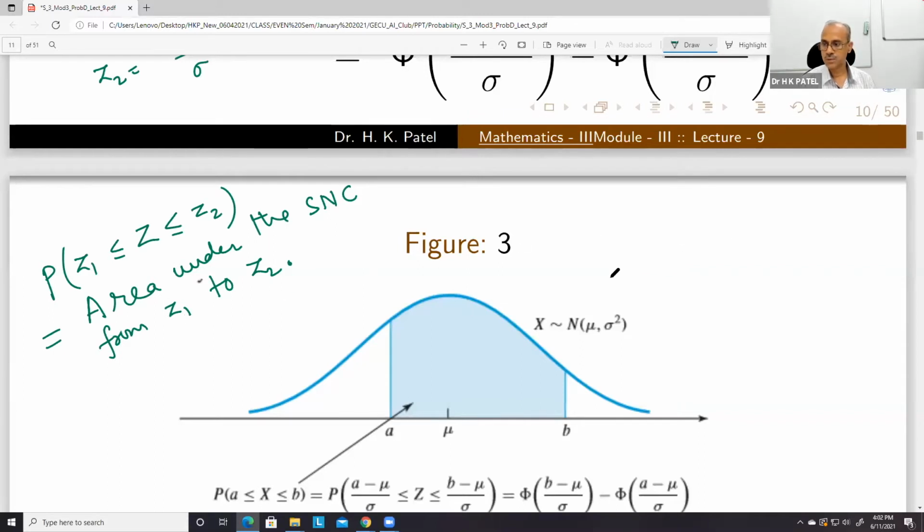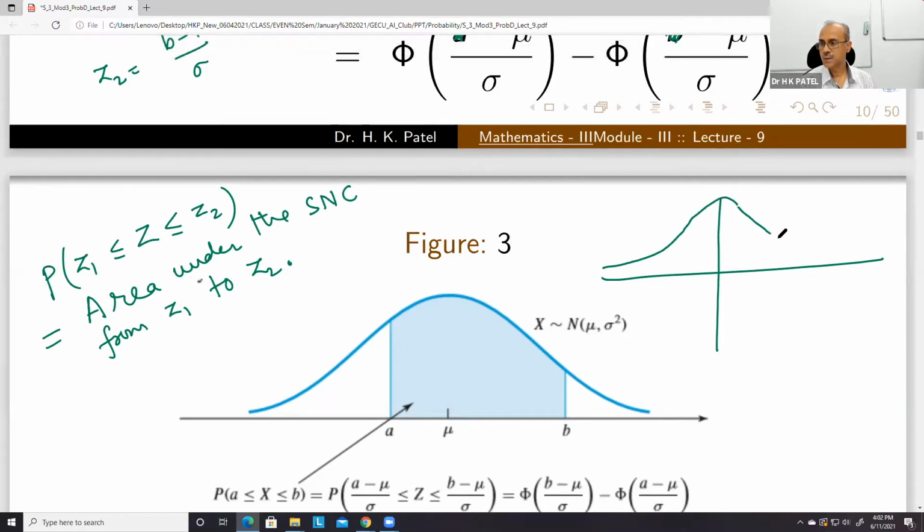So suppose that Z1 is here and say Z2 is here. Our job, or our problem, is actually to find this area which lies between Z1 and Z2.